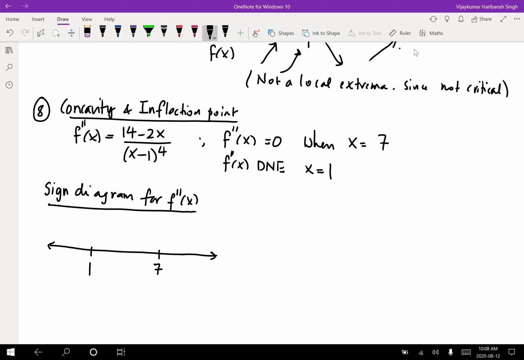So at 0, this is positive, again positive, and here it's negative. So it's concave up, and concave down. Note that even if the sign changes from concave up to concave down across 1, it won't be an inflection point, right? So here we get an inflection point.